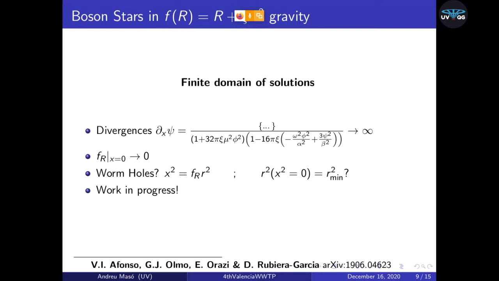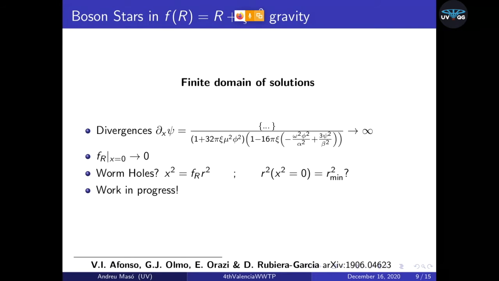It is equal to the conformal factor times the area of the two-spheres of the f of r frame. What we have is that when x squared goes to zero, the conformal factor tends to zero also.